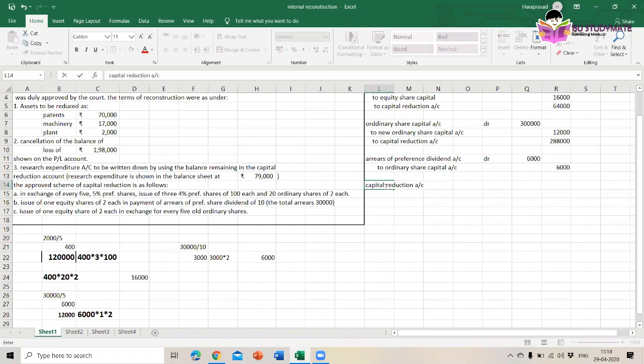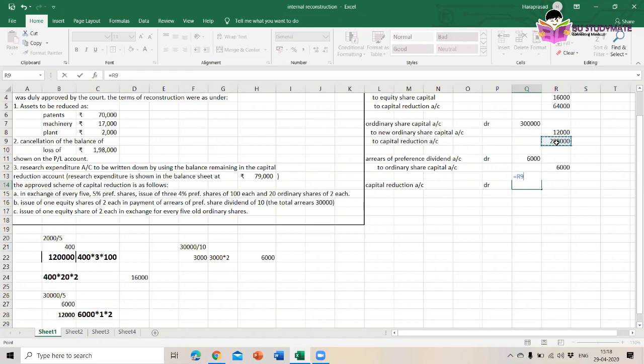How much do we have in the capital reduction account? This 2,88,000 plus this 64,000, that is 3,52,000. With this 3,52,000, we need to write off the assets, and also we have to cancel the balance of the profit and loss amount.